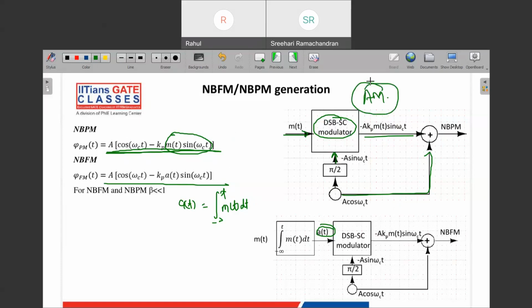Now once we have this narrowband FM or narrowband PM signal where beta is much less than 1, there is a method called the indirect method of FM generation. We can use this narrowband FM signal to generate the FM signal.